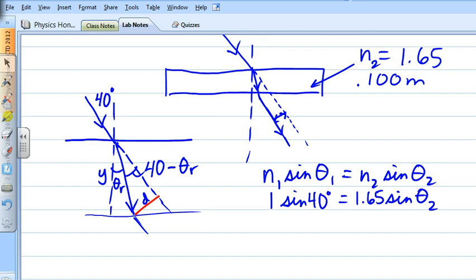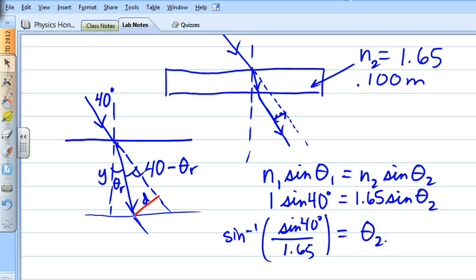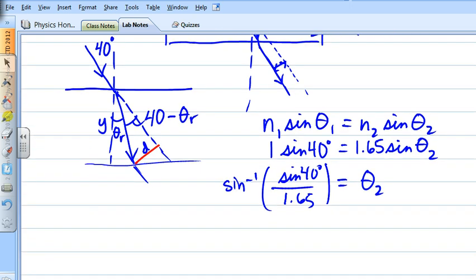Now the way to do this in your calculator is to do the inverse sine. We do the sine of 40 degrees over 1.65, and then we take the inverse sine of that. That's going to get us theta 2. If you're not very familiar or comfortable with inverse sine, come talk to me and we can go over how to do this.